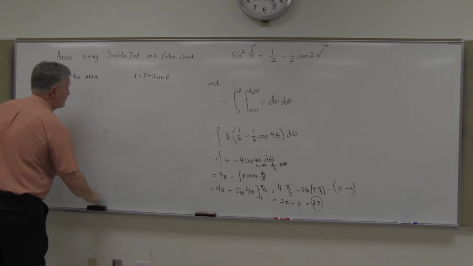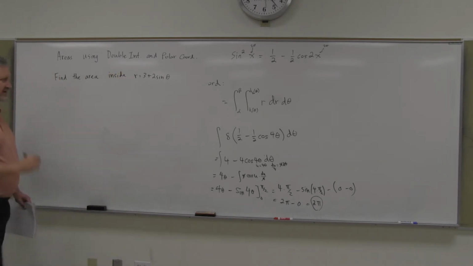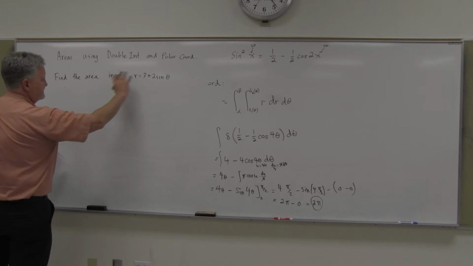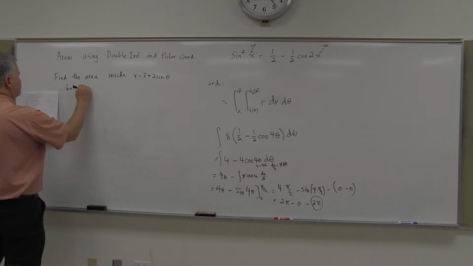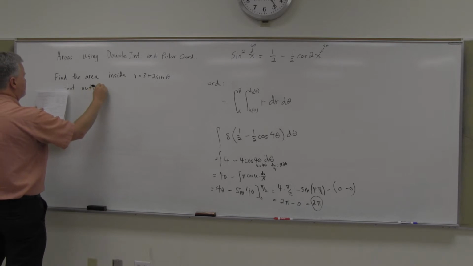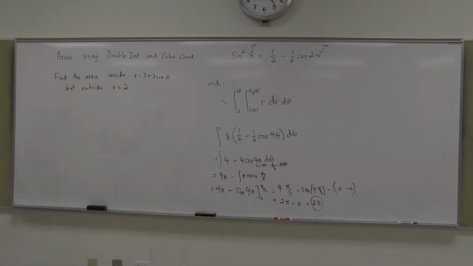So find the area inside, be specific here, it is between, but this is the way they'll phrase it. Find the area inside that one, but outside r equals 2. Something like that.